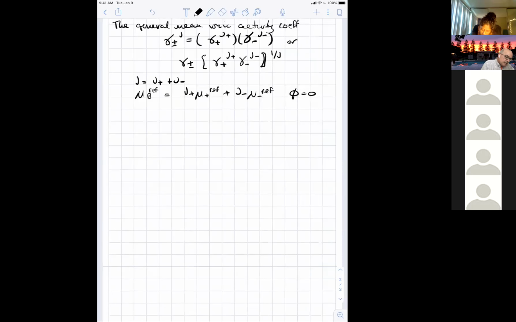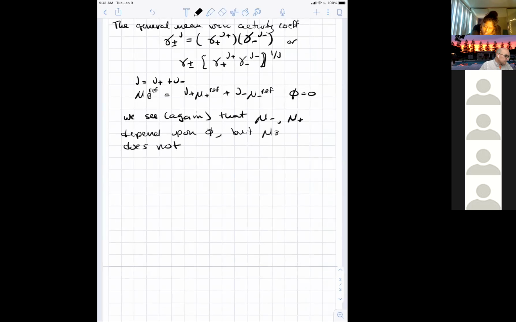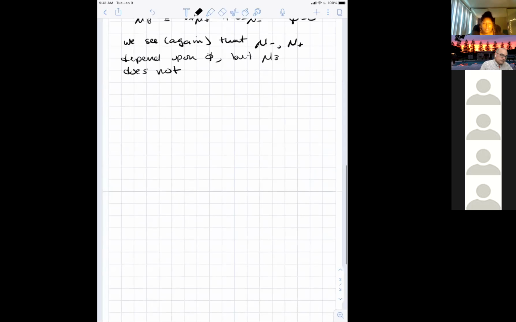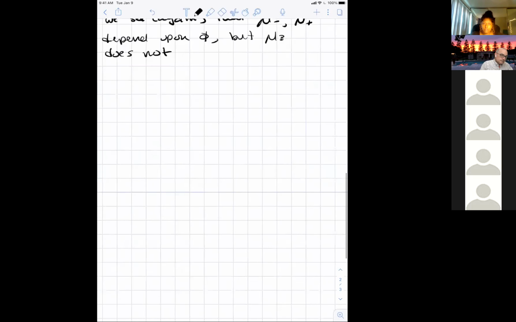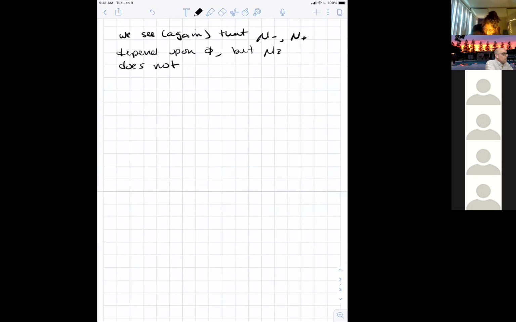So what we see, again, is that the chemical potentials of the ions depend upon the field, but the overall does not. So what this means is that the gross effect of the field is 0.